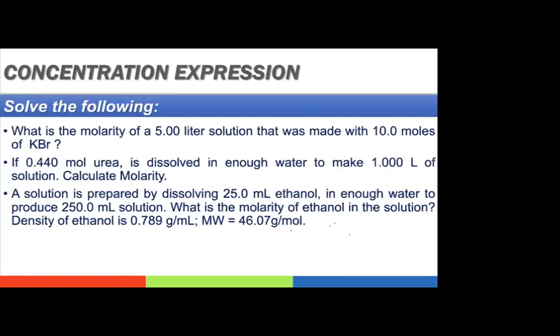Sige. Let's solve the following. 3 minutes or 2 minutes kaya ito. Madali lang kasi yung 1 and 2. 3 yung medyo mag-iisip ka. Number 1: What is the molarity of a 5-liter solution that was made with 10 moles of potassium bromide?